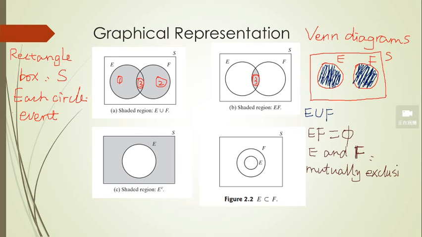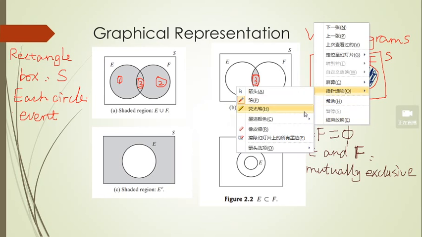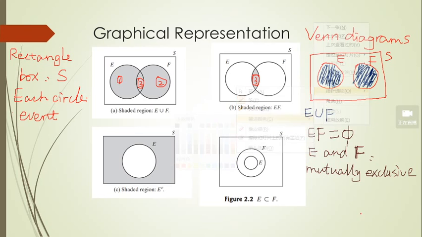We should understand more concepts in probability than just doing calculations. So the two circles are separate, and those two events, E and F, are called mutually exclusive.